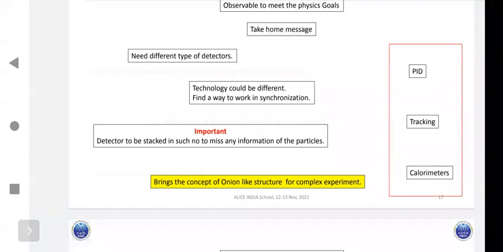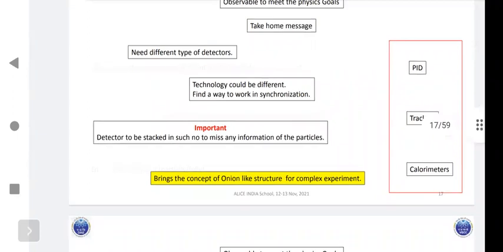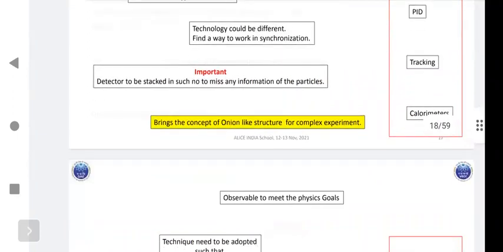And the important part is that detectors are to be stacked in such a way as not to miss a single piece of information, if possible. This brings the concept of an onion-like structure, in this case in a cylindrical shape.